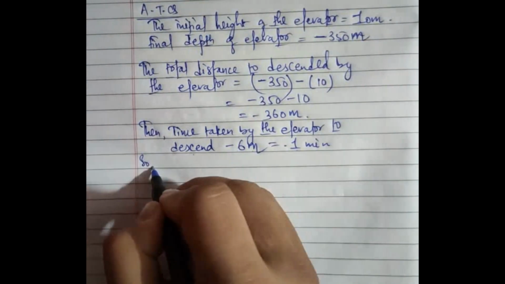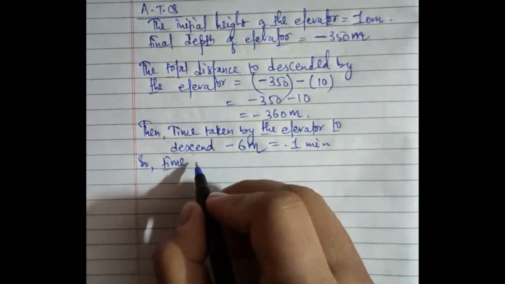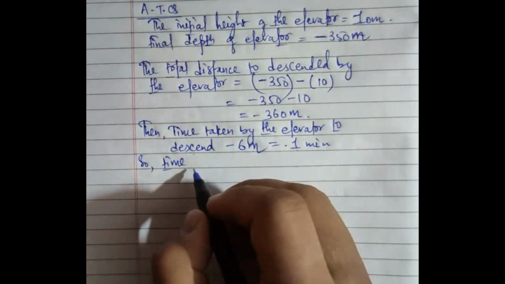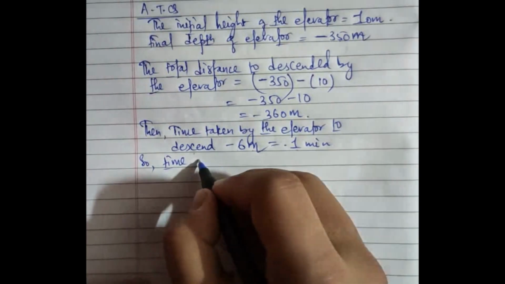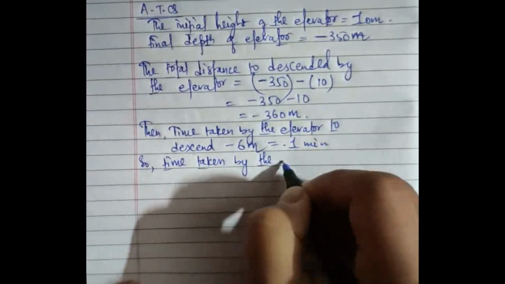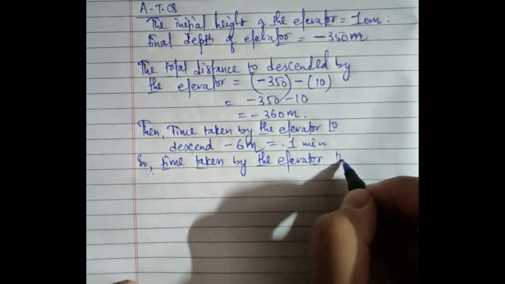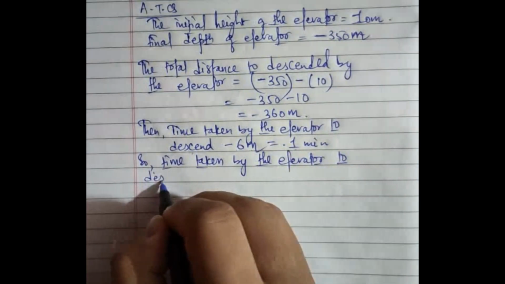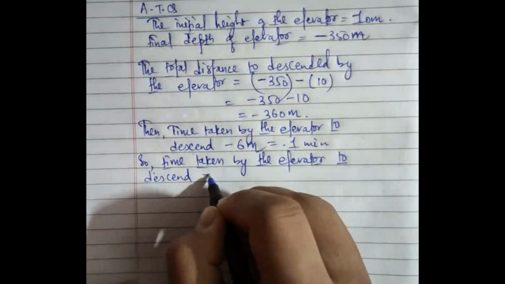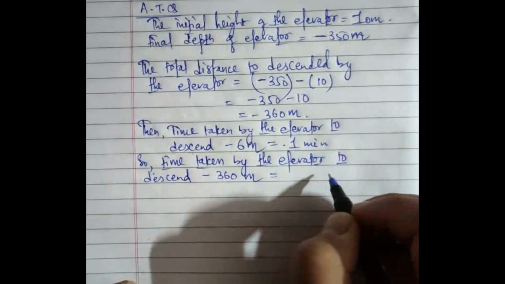So similarly we have to find it for minus 360 meter also. The time taken by the elevator to descend minus 360 meter is equal to how much?